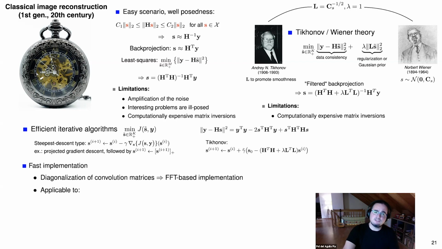Fast implementations of these algorithms are usually related to FFT-based implementations. For that, we need convolution matrices, so we need the multiplications by matrices here to be equivalent to a discrete convolution.